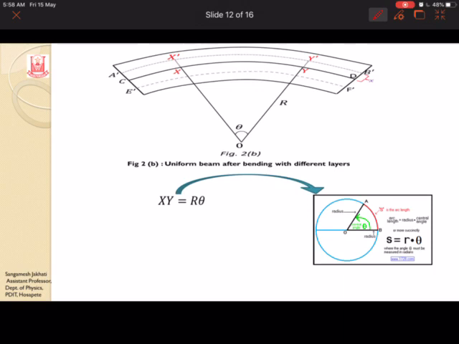OA, OB are representing radius in the right side, and theta is the angle in both the cases. So here arc length can be expressed as radius into theta. In the same manner we will write xy is equal to r theta. So based on that formula, actually this is.